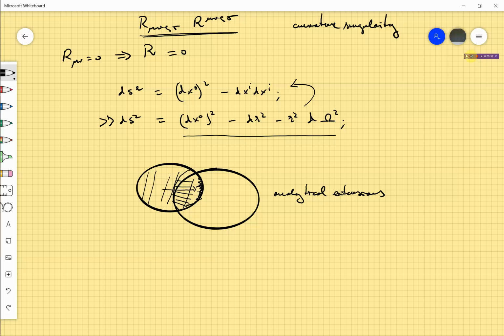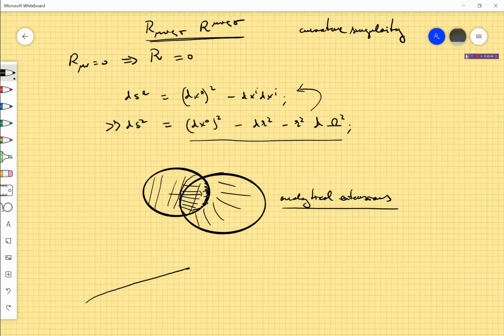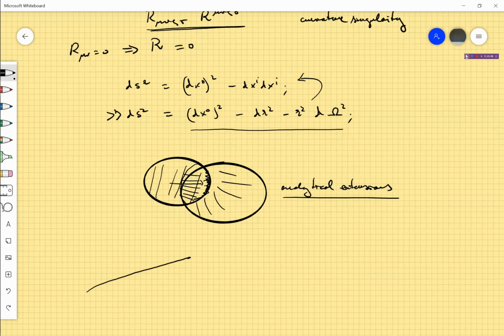When this happens, you say that the space is geodesically incomplete, and clearly there is a singularity of some kind there, which doesn't have to be a curvature singularity, but it's still physical because it affects the motion of particles. So this is the third possibility.